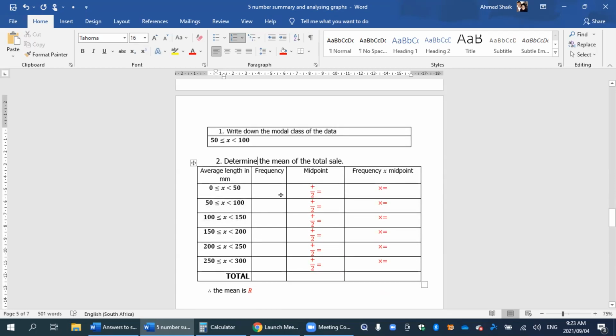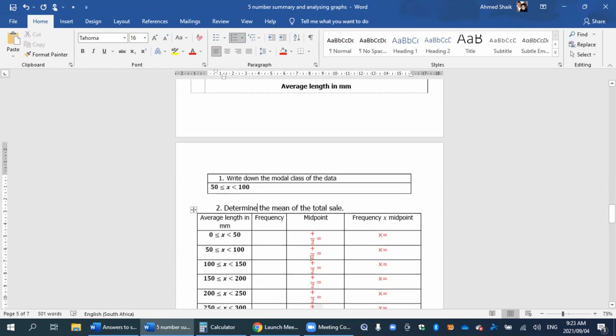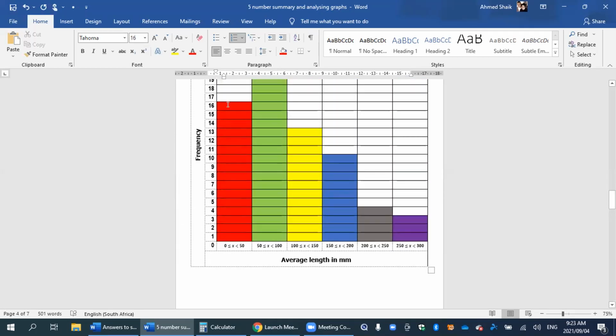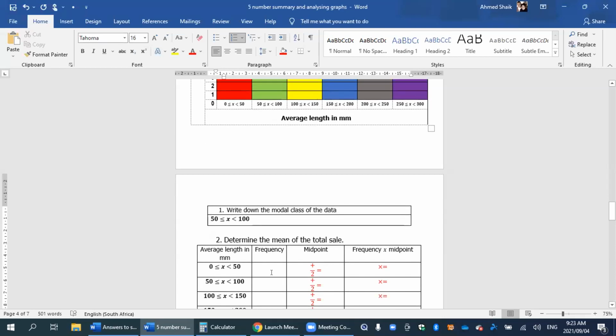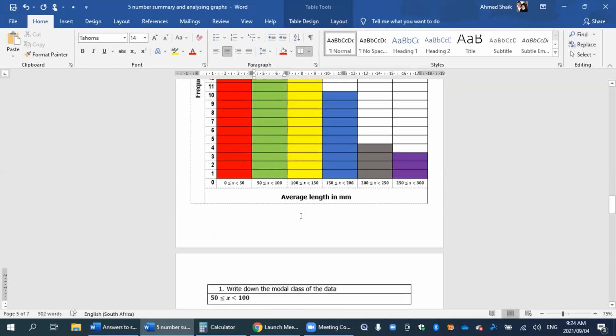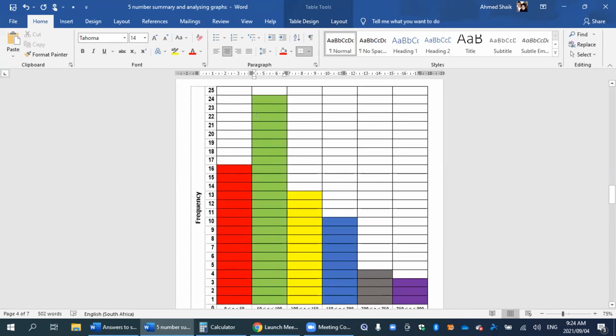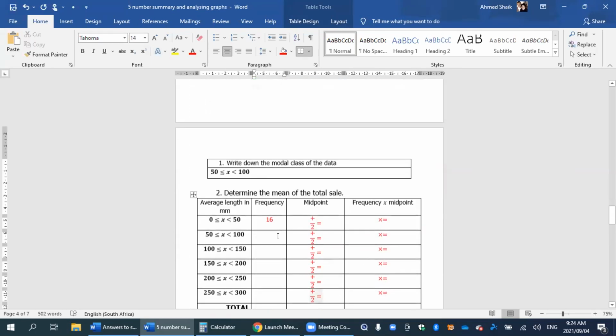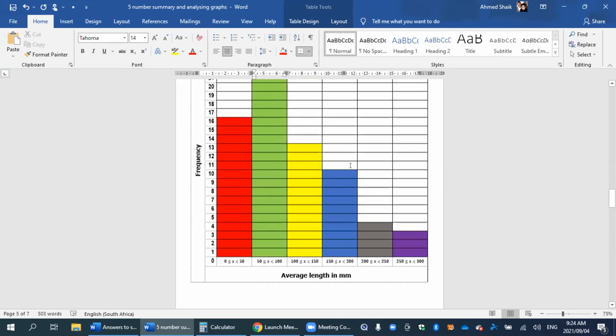Let's look at the frequency of our first interval from 0 to 50. It had a frequency of 16. Let's enter that in our frequency column. Our second interval from 50 to 100 had a frequency of 24. Let's enter that. The third interval had a frequency of 13.